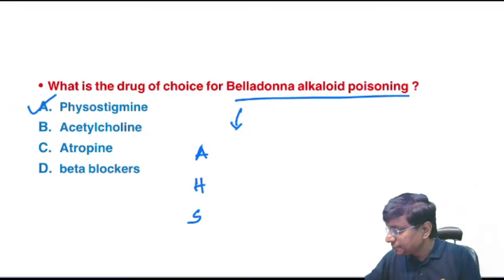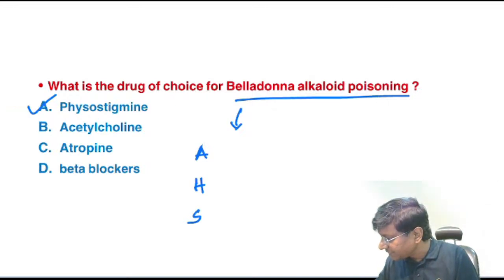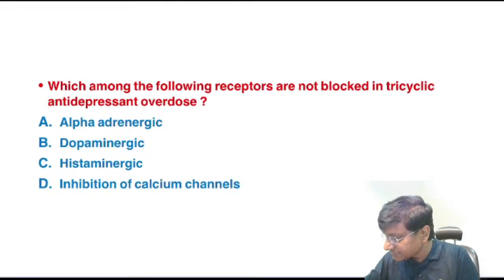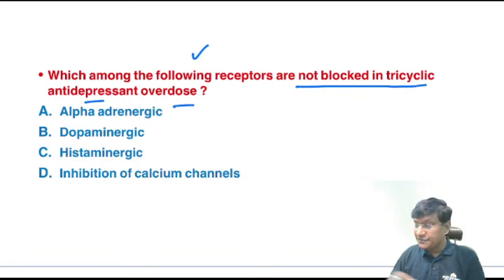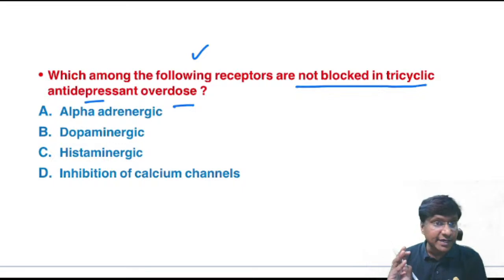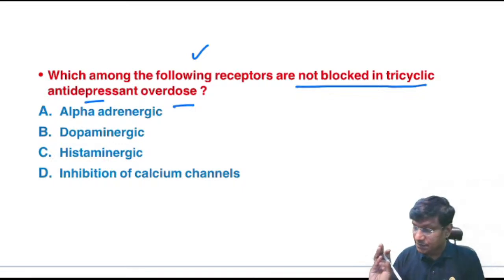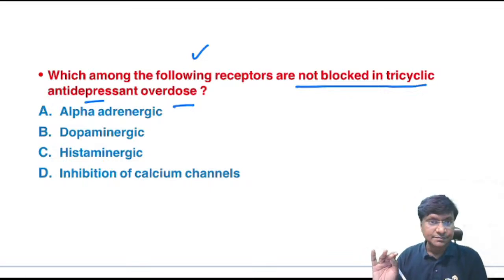Now the next important anticholinergic, answer this. Which among the following receptors are not blocked in tricyclic antidepressant overdose? Alpha adrenergic receptors, dopaminergic receptors, histaminergic receptors, and inhibition of the calcium channels.